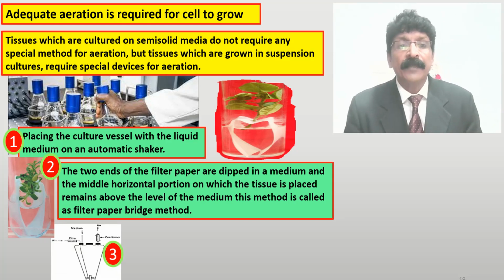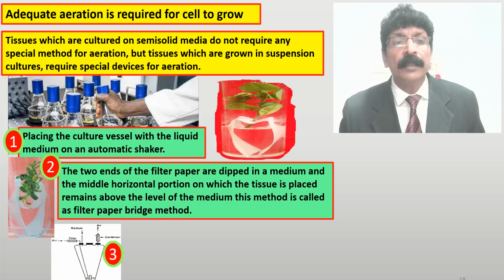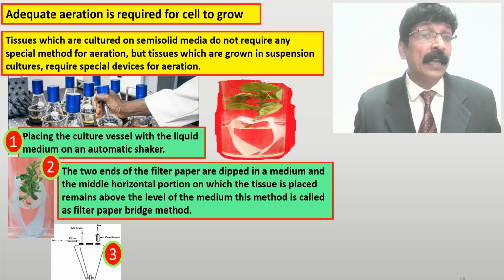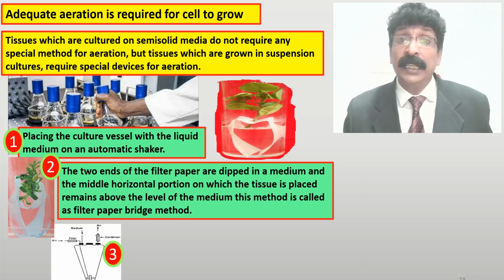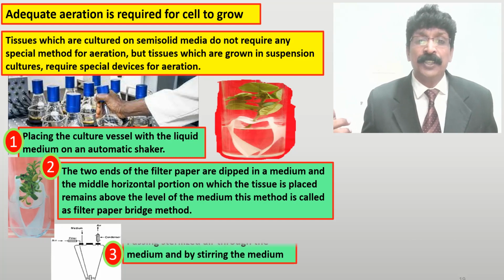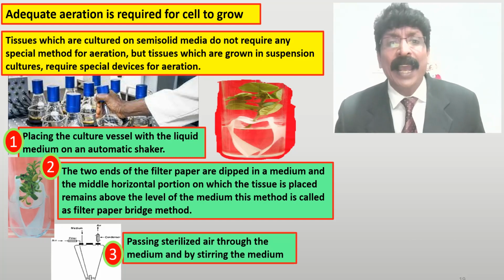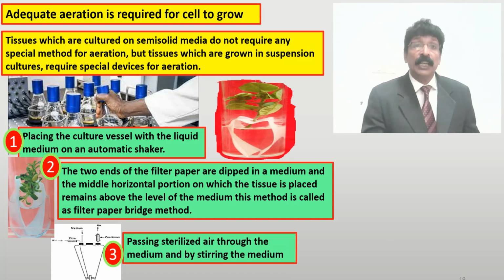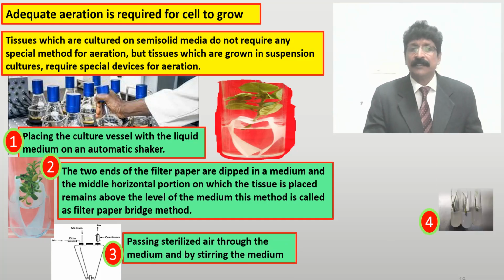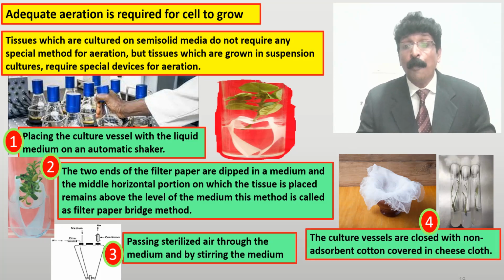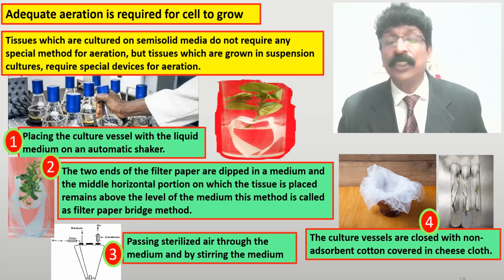Number three, this you know very well, a continuous process where a stirrer is used and a sample can be removed from the bottom, and a filter air can be supplied, as well as an exhaust for the air, as given in the picture. So sterilized air is passed through the medium, and the medium is stirred by a magnetic stirrer, as shown in the picture. You can see we are using cotton, absorbent cotton covered with a cheesecloth.